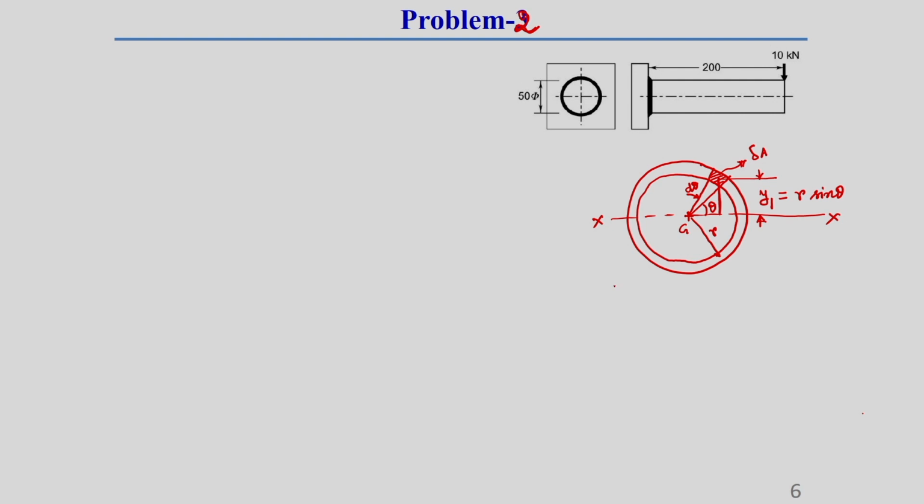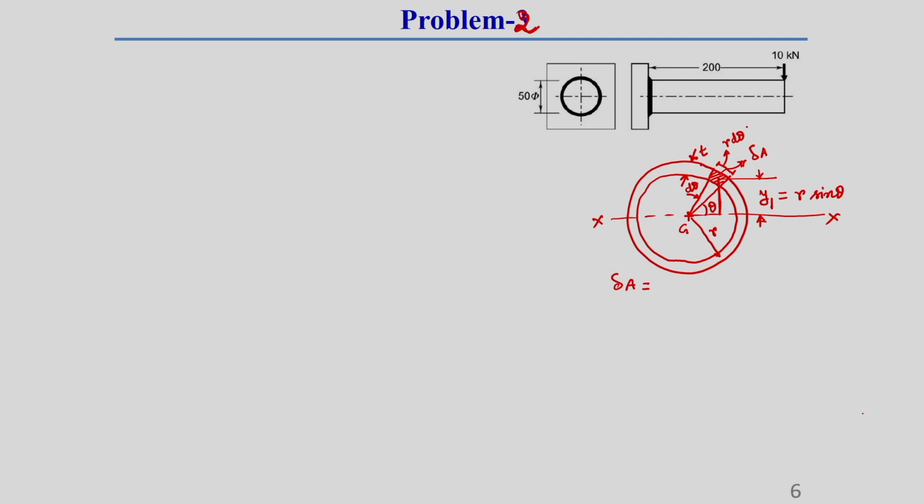We can easily find the small elemental area delta A. Let the throat thickness of this weld be T. This is a small rectangular element, and its length is r d theta, which is very well known to you.